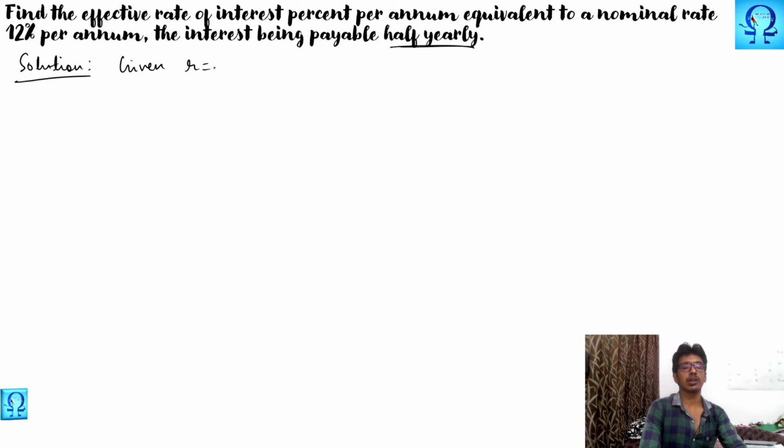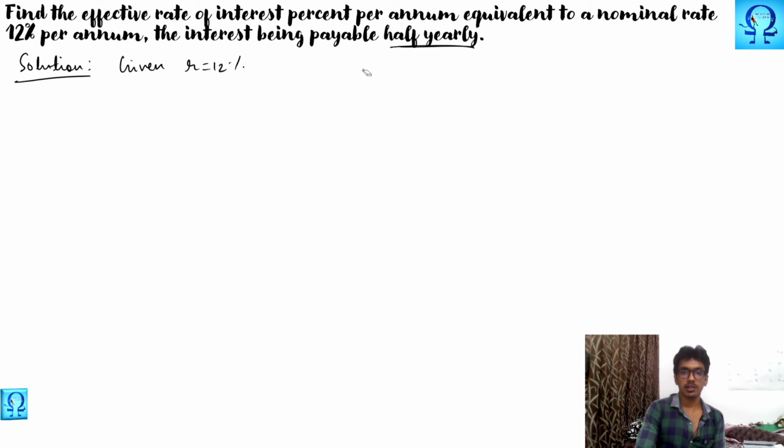Given R is 12%, only this is given. Okay, when you calculate 12% of 100 rupees in a year, what are you going to get? 12 rupees, right? So we'll start that way. Since it is being payable half yearly, we are going to get something.